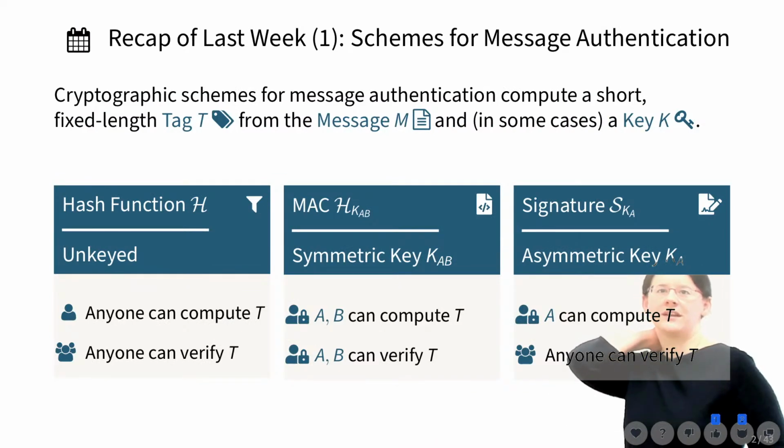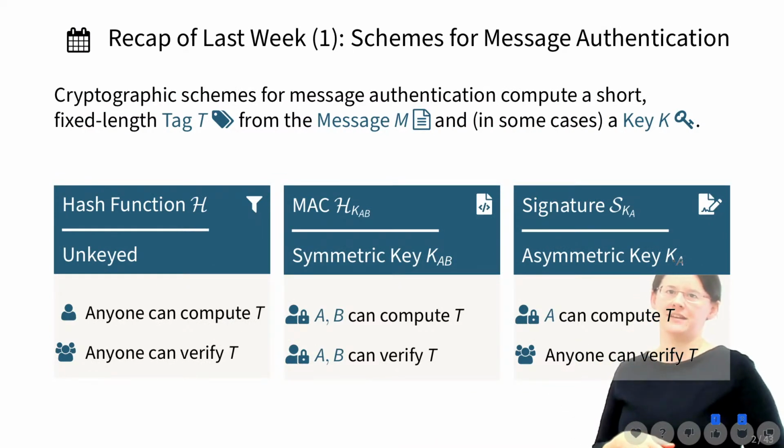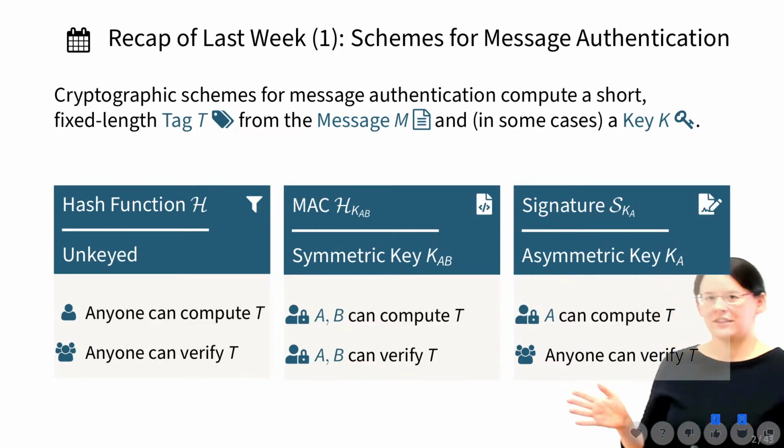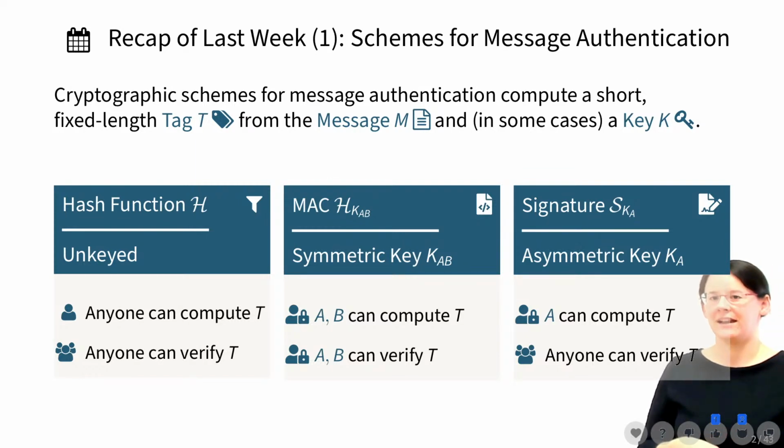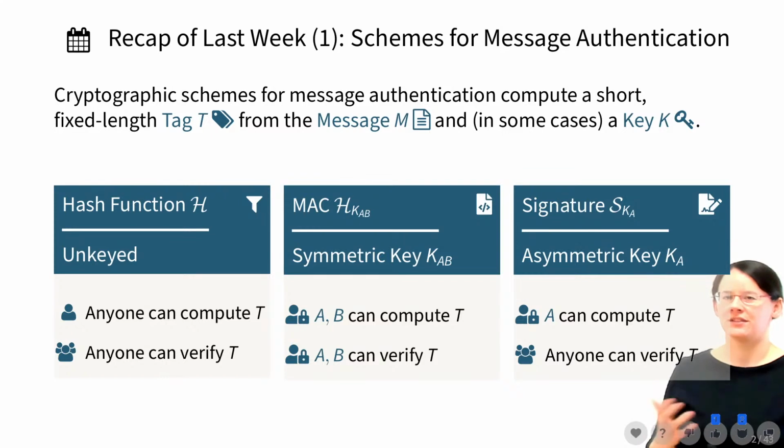We talked about schemes for message authentication, actually just one type of scheme. So what all such authentication schemes have in common is that they take a message input and produce a fixed length tag from it. So the tag is a short piece of data that is a sort of checksum or fingerprint of the message. So if the message changes, the tag will change.